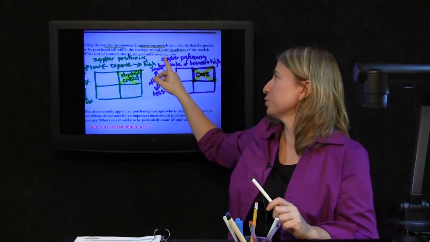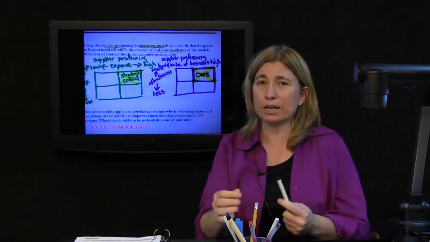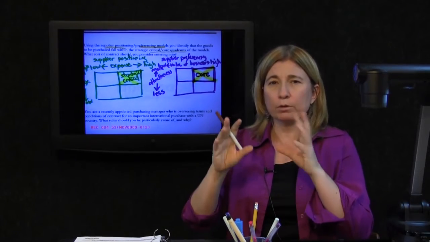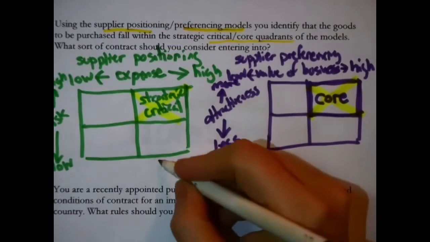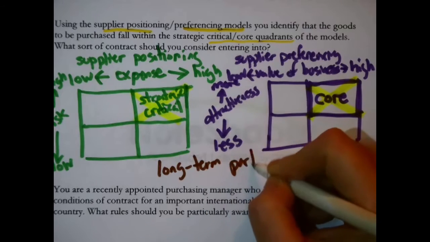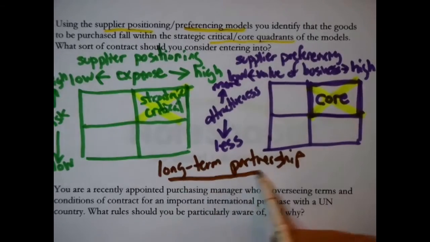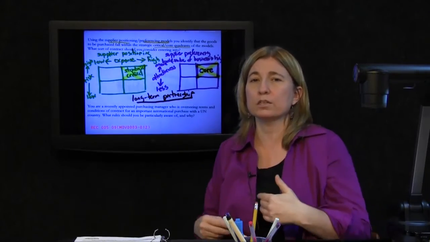What sort of contract should you consider entering? That's what the quadrants are indicating. If the category falls in the upper right-hand quadrant, core, strategic, critical, long-term partnership. That's the call. That is the type of contract that you should pursue. That's what the use of the model is.